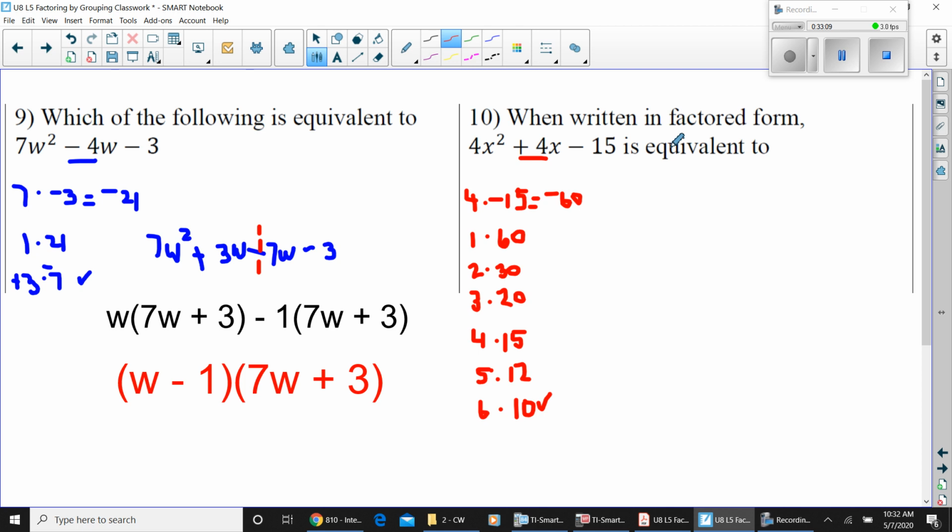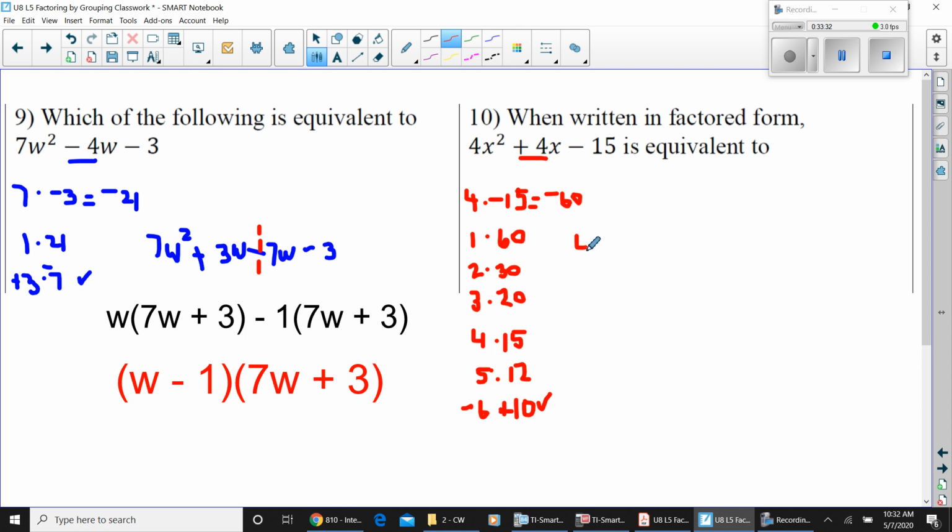All right, so let's see. You have to multiply to a negative, so one of them has to be negative, one of them has to be positive, and then you have to add to a positive 4. So this would have to be negative, and this would have to be positive. Negative 6 plus 10 would be a positive 4, and negative 6 times 10 would be a negative 60.